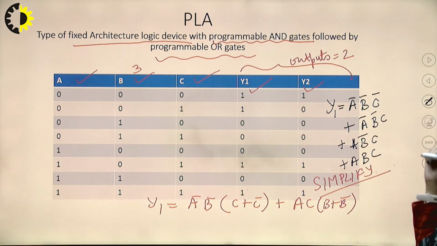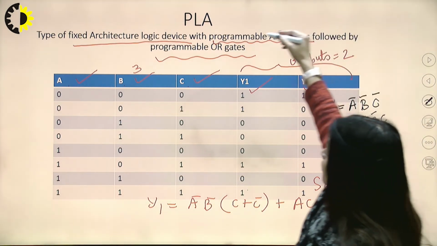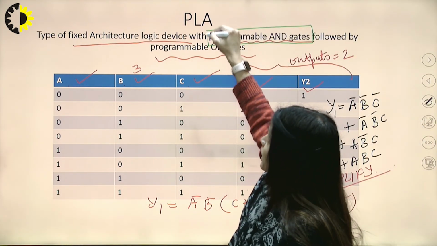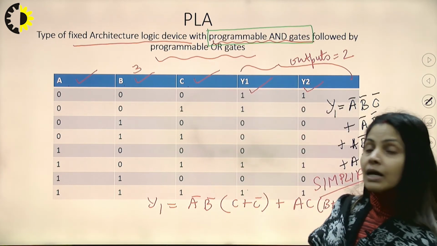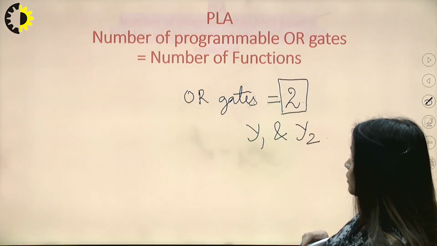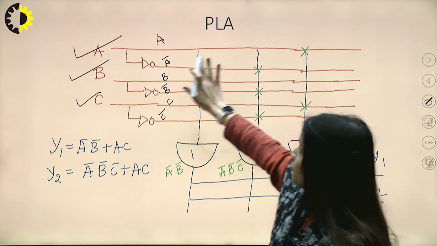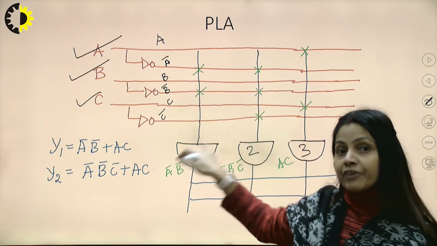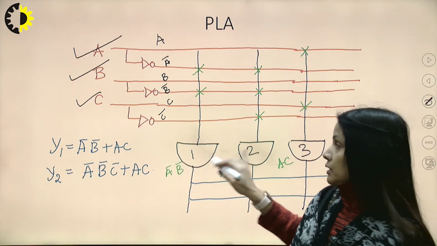So what is the point to be noted here? We have mentioned that we are taking the programmable AND gate. So what we are doing is, here we have programmed our AND gate to give a particular fixed output. That's one.